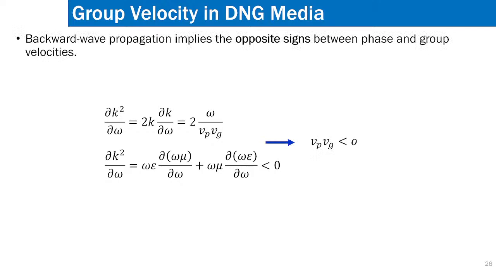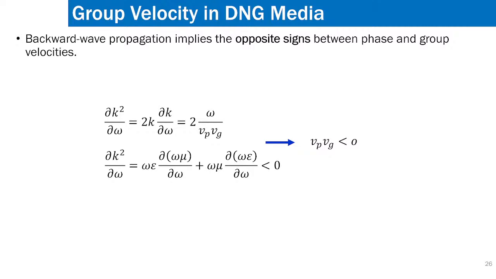Now compare these two equations. Dou k square by dou omega is negative, which is equal to 2 omega by Vp into Vg. So 2 omega by Vp into Vg is negative. 2 is positive, omega is positive, which means Vp into Vg is negative. So the product of the phase velocity and group velocity is negative.